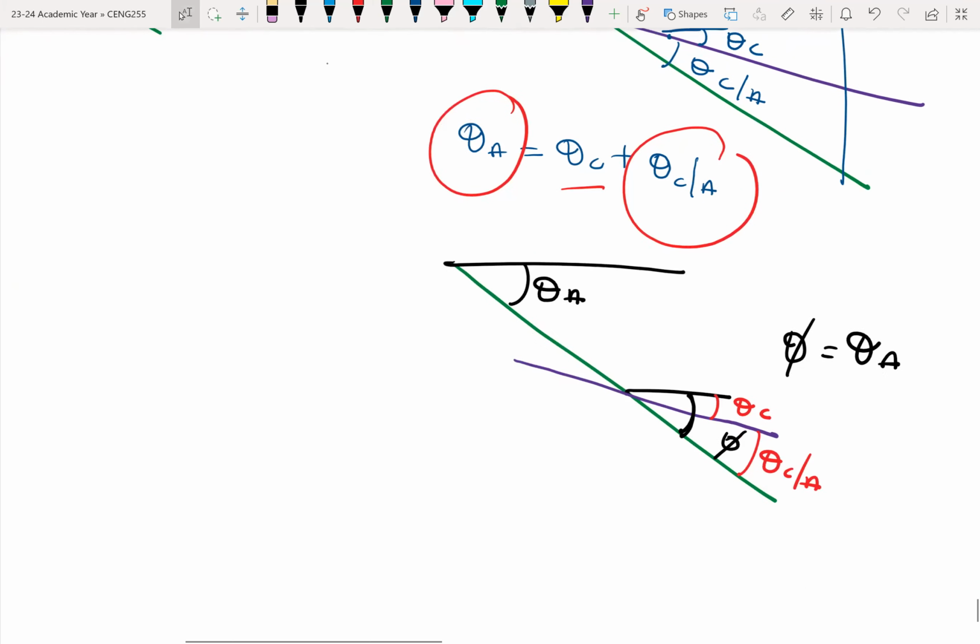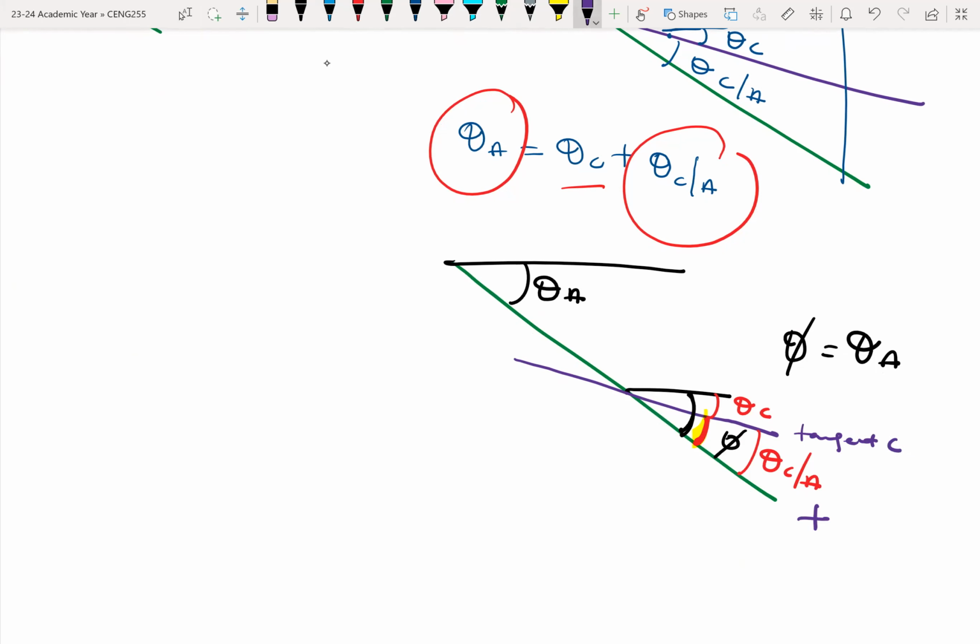This angle here is theta CA. Theta CA is the angle between, I don't think I'll be able to finish, so let me just explain to you. It's between tangents. So this is the tangent at C and the tangent at A. So that's the difference in the tangent.